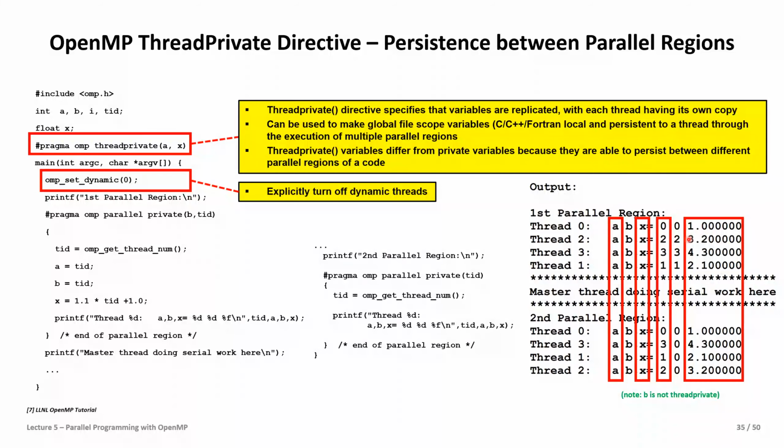And then you come to certain solutions in this particular idea, how you compute this here. It's like 1.1 times the thread ID plus 1. And then we give it out here, which is essentially the output you see here. So this is the first parallel region.